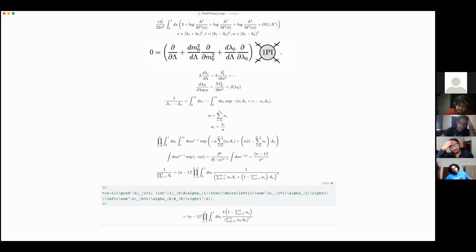Now, question. If I had an arbitrary product, but with powers, like 1 over a 1 to the power x, 1 over a 2 to the power y, what would I do?